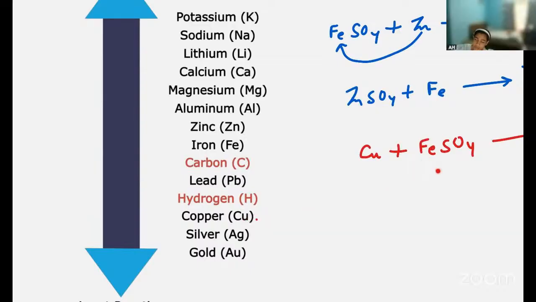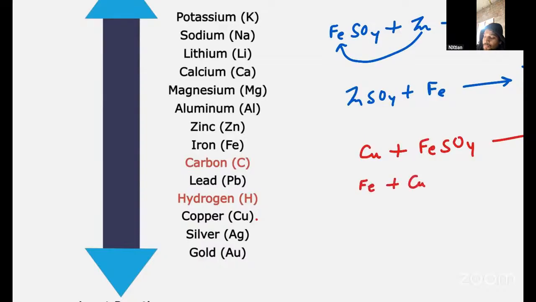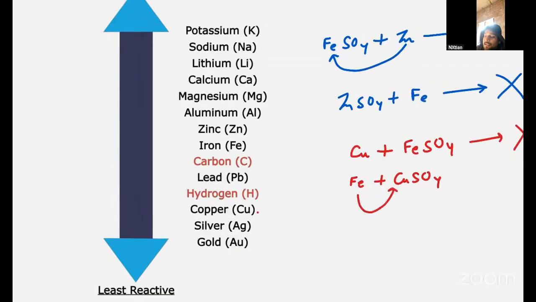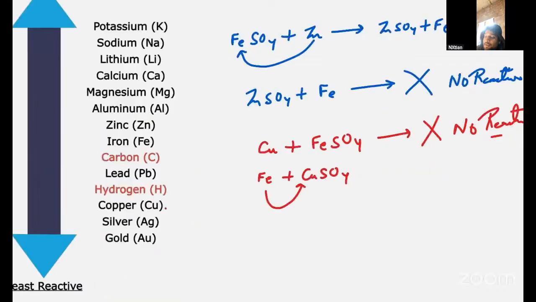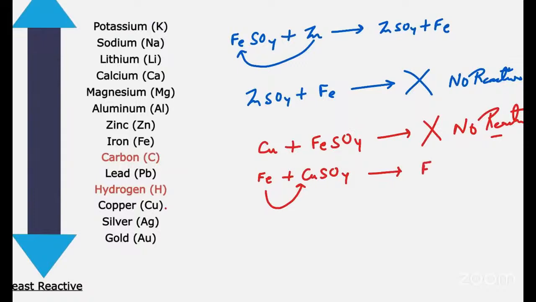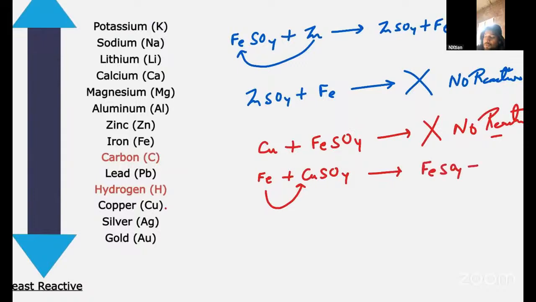Like, for example, if I take another example, Fe plus CuSO4. Now Fe is more powerful, so Fe can displace Cu from its compound, making FeSO4 plus Cu. So now Cu is pure.